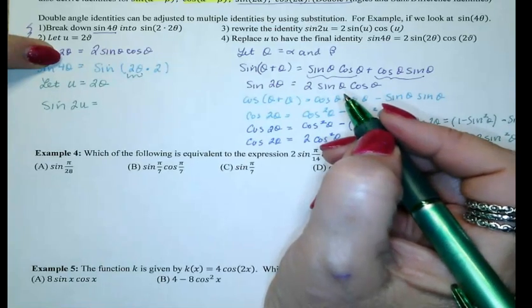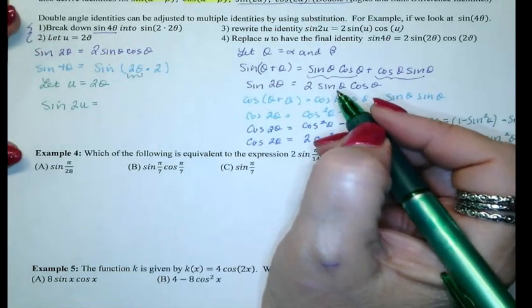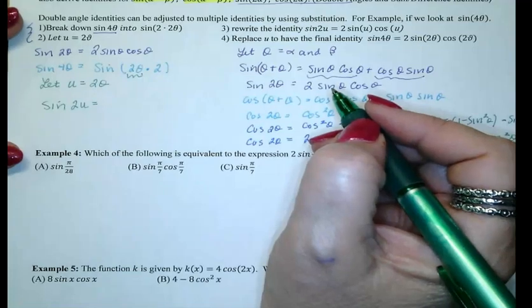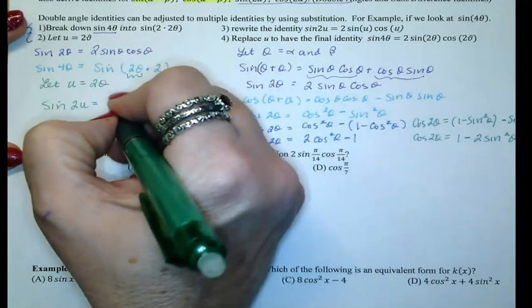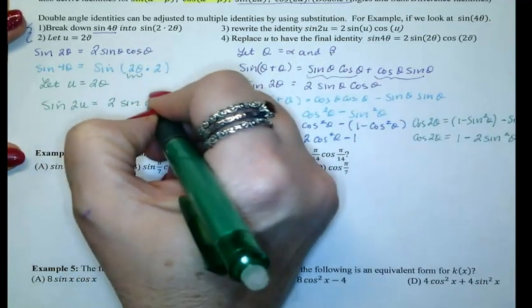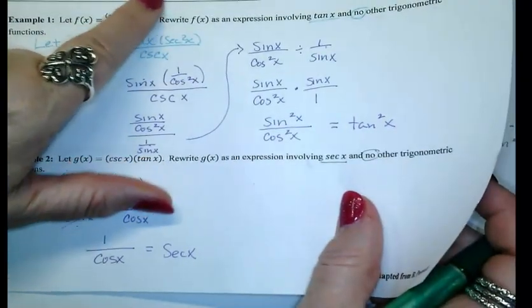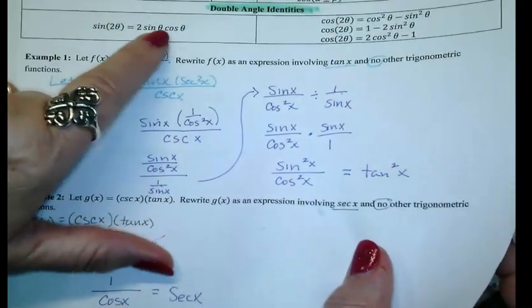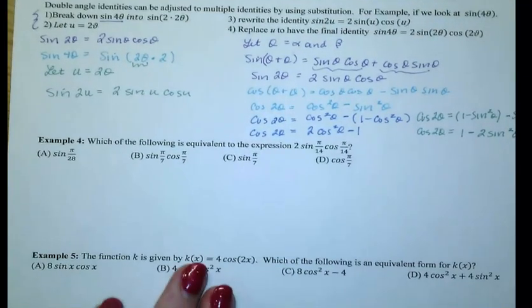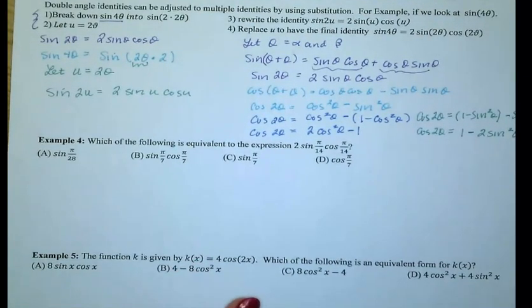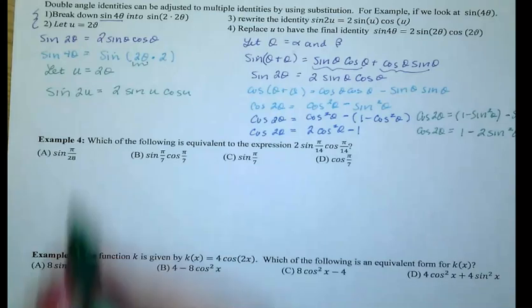All right, are we okay so far? And then we're going to have on the other side 2 sine u cosine u. So remember, these are in terms of the same thing right here and here. So that's why I'm doing that. And so now I'm going to put back in my u.